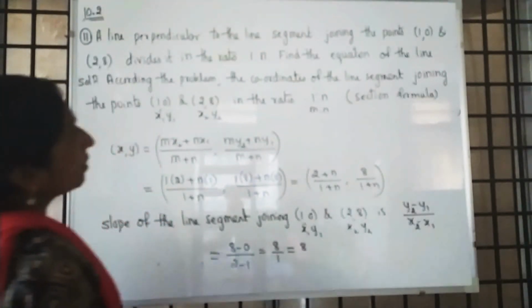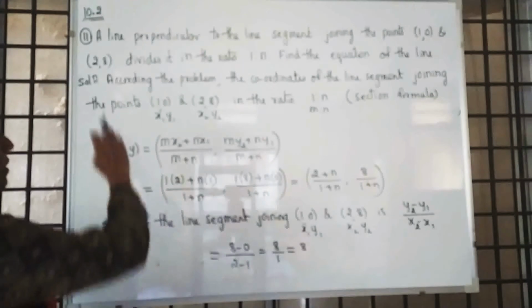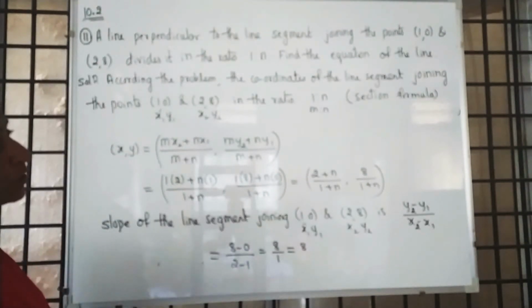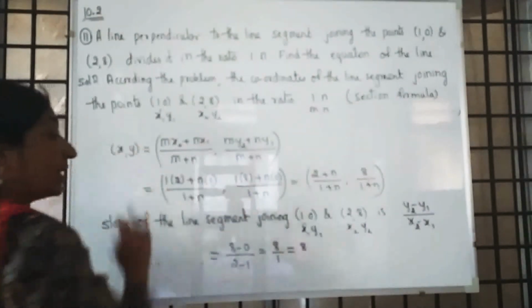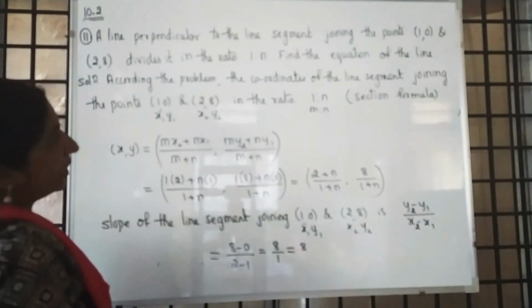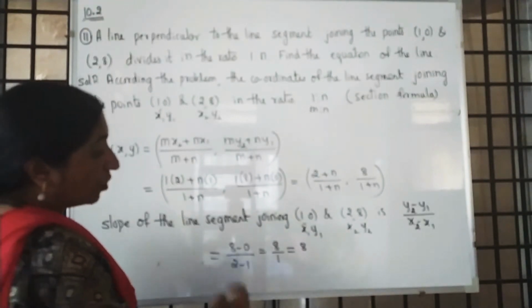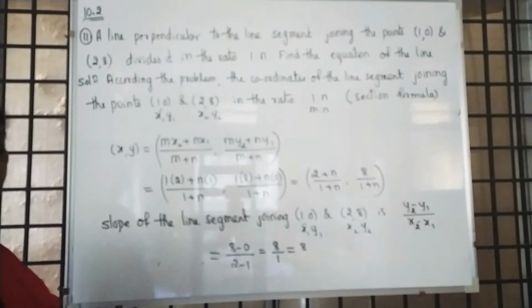Now, the required line is perpendicular to this line segment. So what is the slope then? The slope is minus 1 by 8.